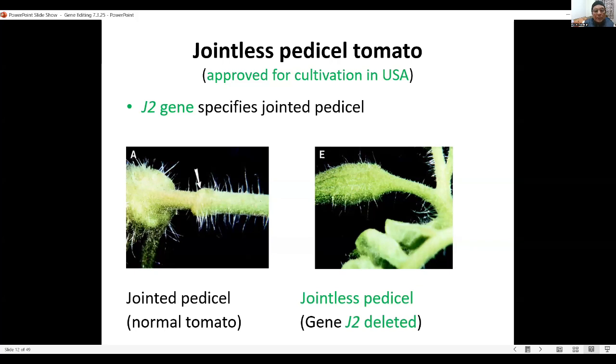So what was done? Once you have this knowledge, you want to design a site-directed nuclease that will attack gene J2. So you design that nuclease, you introduce that site-directed nuclease into cultured tomato plant cells and let them grow for one or two subcultures, then regenerate plants from these transformed cells.